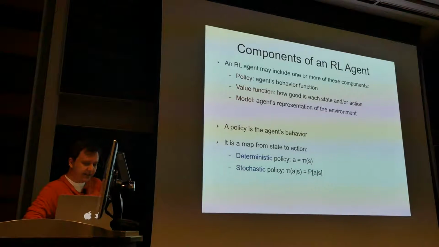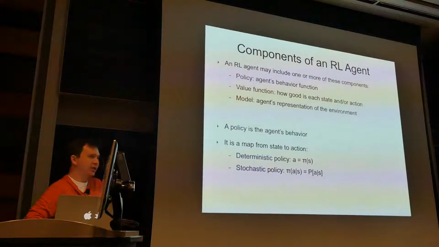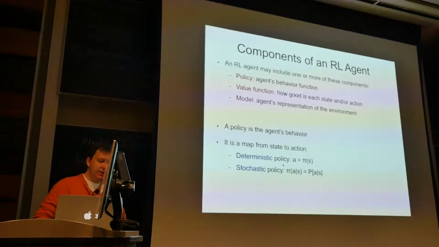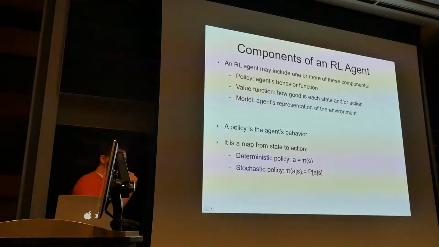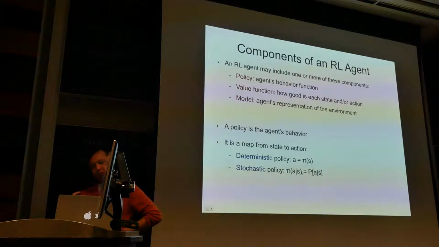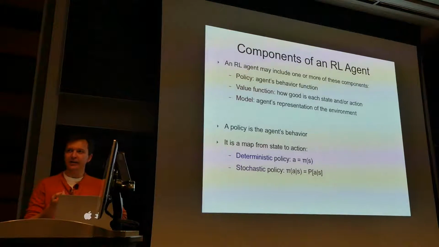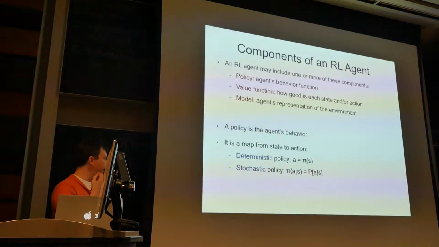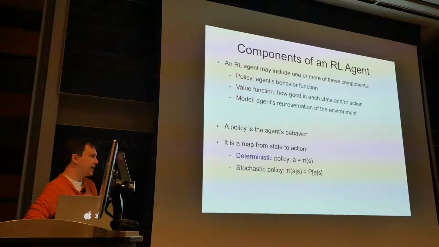A stochastic policy is where you have a distribution of possible actions you should take. So far in this class, we've looked at mostly deterministic policies. But remember when we were looking at exploration and introduced epsilon greedy, epsilon greedy would be a stochastic policy, because there is some probability of taking a different action as opposed to taking the most optimal one.